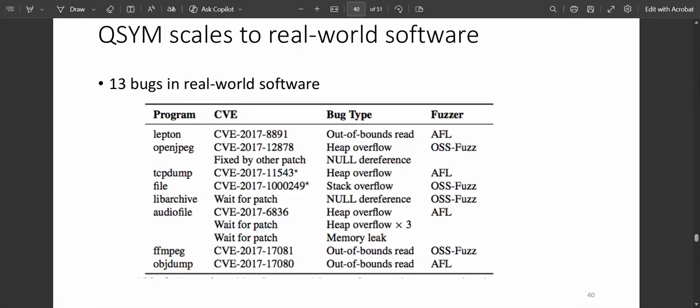And these are the 13 bugs in real world software that QSYM has found. Without QSYM, these bugs would have never been found in programs that are open to the public.